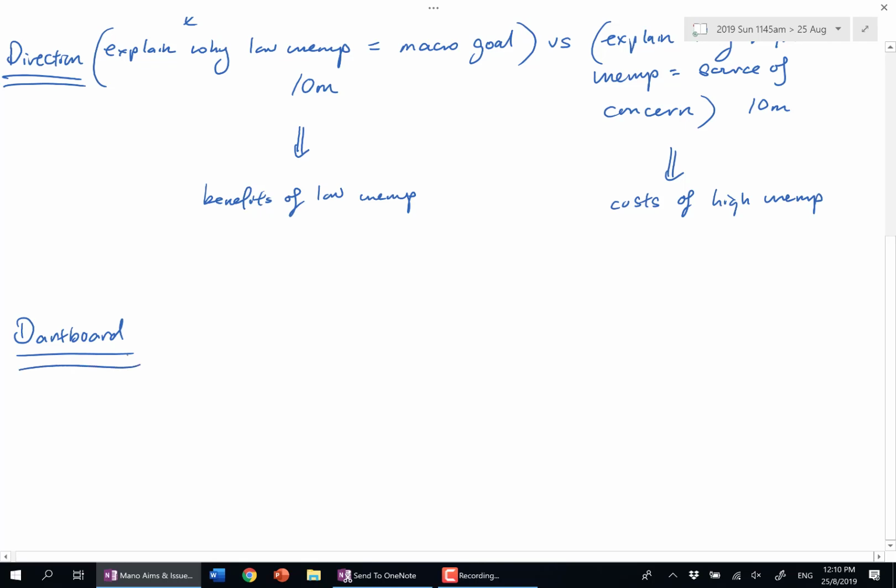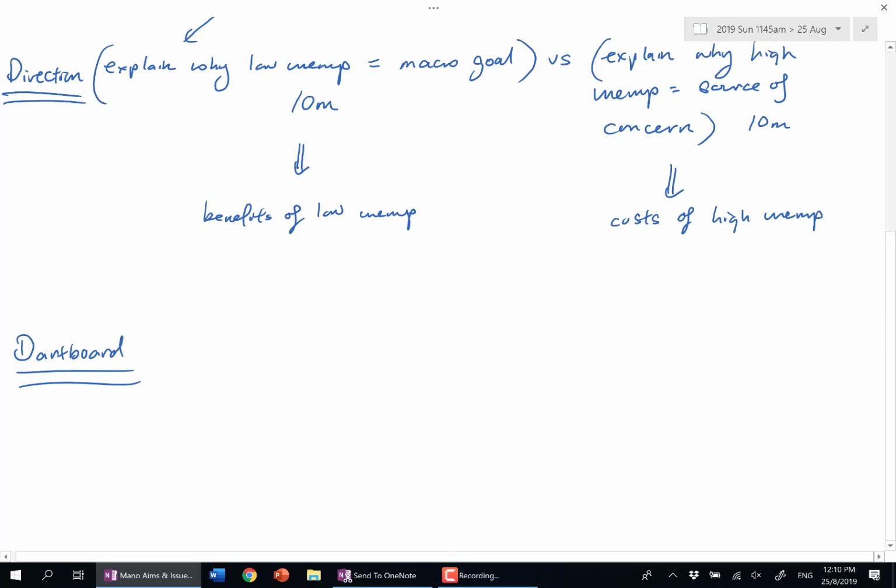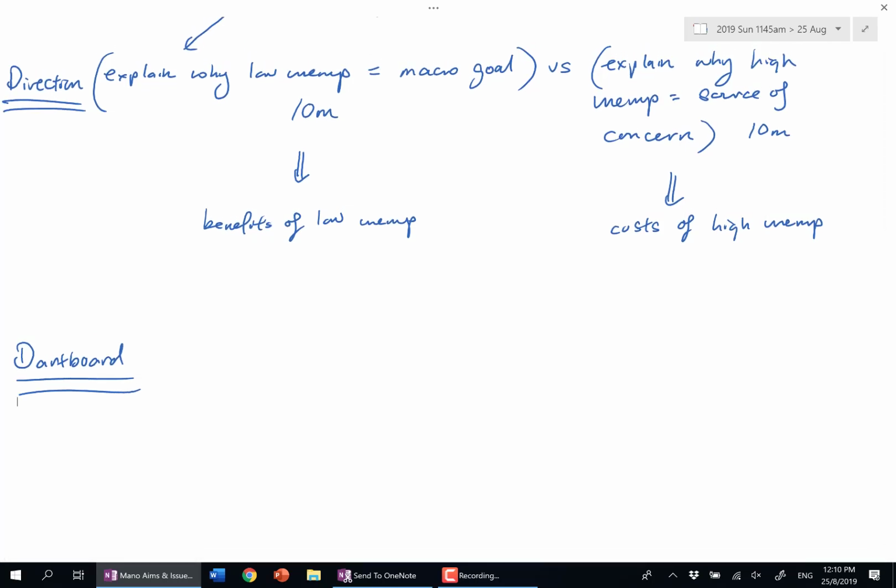The second context is about the dartboard. The dartboard can change as well. So what do I mean by a changing dartboard? I'll explain.